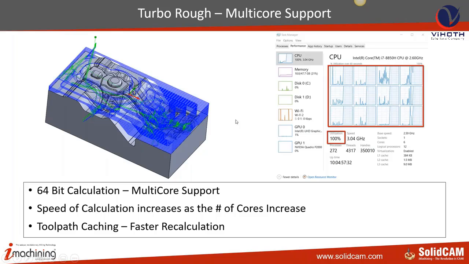We also do what we call toolpath caching. That means, let's say I have generated this roughing toolpath, and the depth of cut is 1 millimeter. Now, for some reason, I want to go back and change this depth of cut to 1.5 millimeter or 0.75 millimeter. I don't need to reslice it again, because the slice information is all available.